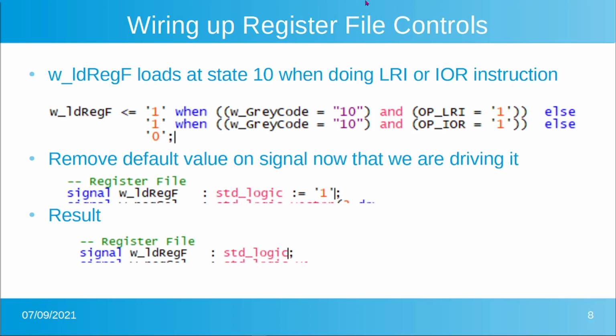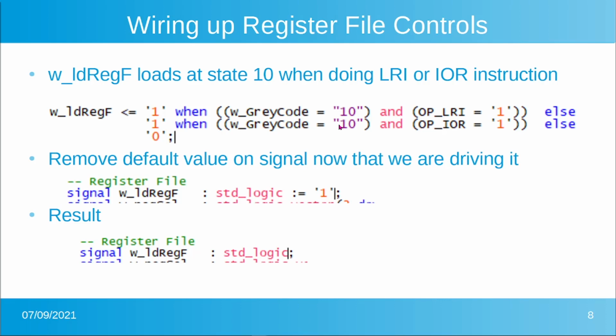So let's wire up the register file contents because now we have enough bits to do things useful. We want to load the register file for 2 types of instructions in what we currently have. Load register immediate, and we'll load that at that state 10 again. And an IO read, same thing. It'll read it at 10 here as well. We'll perform the read only on 1 clock wide, although the strobe to the peripheral bus, the read peripheral strobe, is 2 clocks wide.